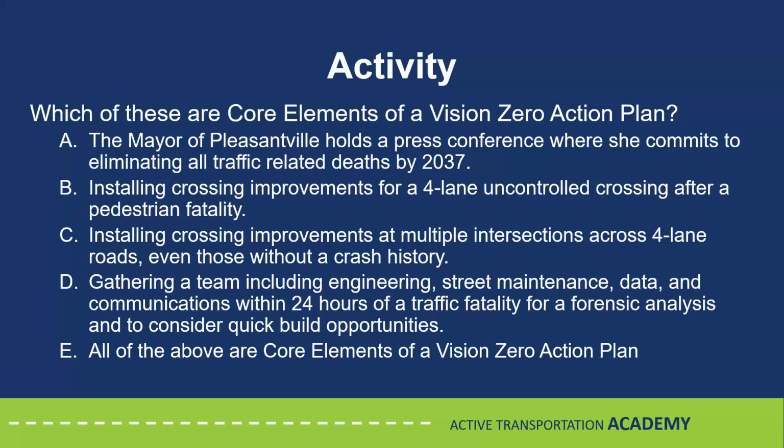D, gathering a team, including engineering, street maintenance, data, and communications within 24 hours of a traffic fatality for a forensic analysis and to consider quick build opportunities. Or E, all of the above are core elements of a Vision Zero action plan.